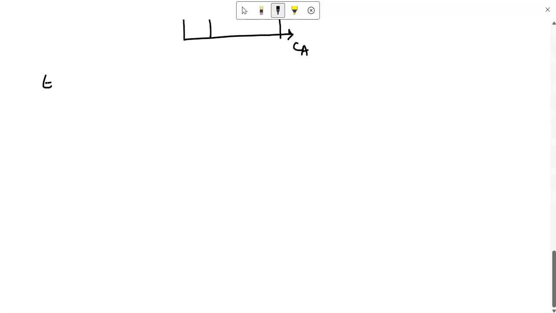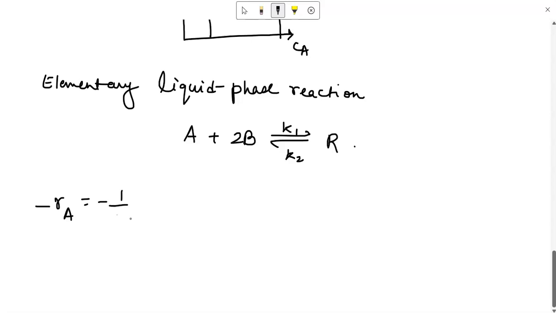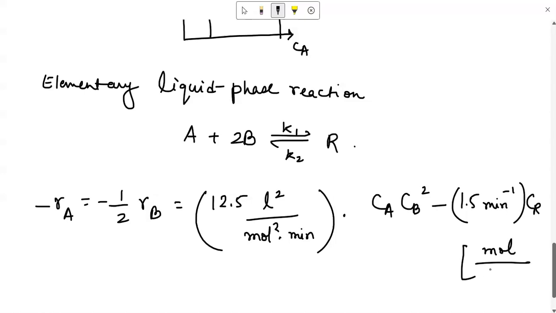Let's say you have an elementary liquid phase reaction, A plus 2B reversibly gives R, and the rate equation is: minus RA equals minus half RV, which equals 12.5 liter squared per mole squared minute multiplied by CA times CB squared, minus 1.5 minute inverse multiplied by CR, and the unit of the whole thing is mole per liter minute.